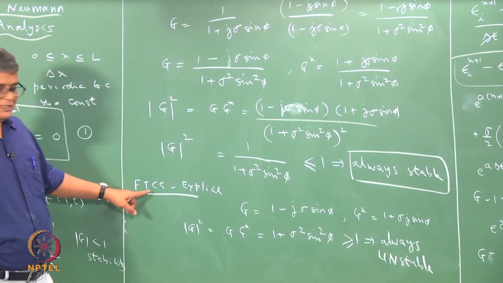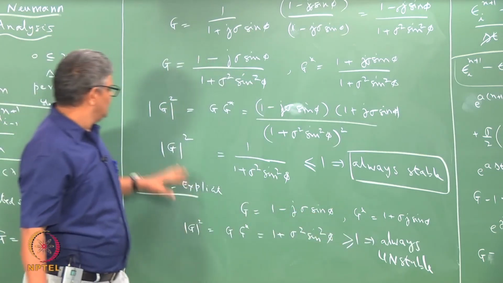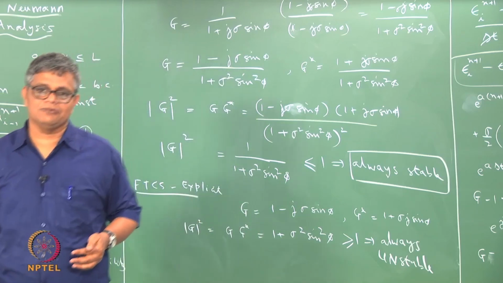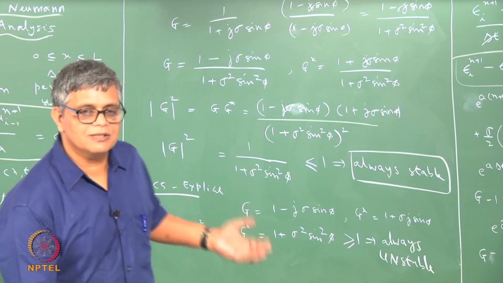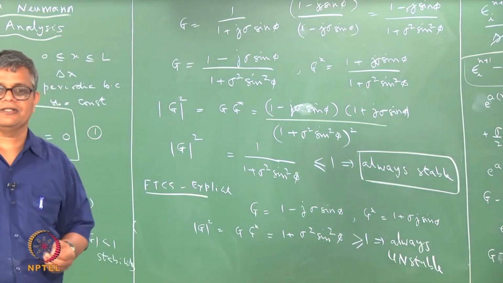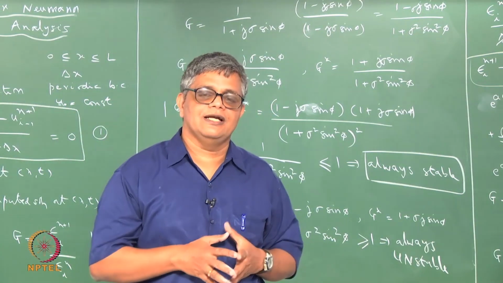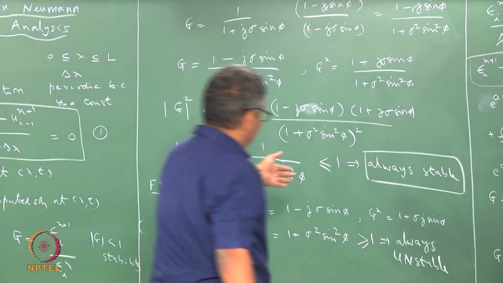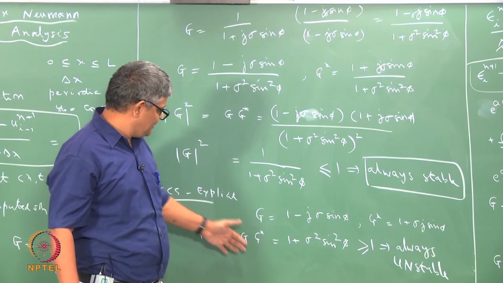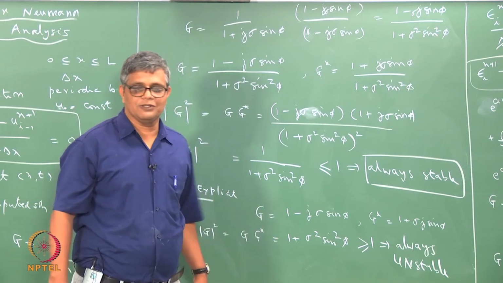So the FTCS explicit version is always unstable, but the implicit version is always stable, and this is something that we usually get when we go, from a stability point of view, from an explicit method to an implicit method. There are explicit methods which are unconditionally stable, just like this FTCS implicit, and there are explicit methods which are unconditionally unstable, like this one here.